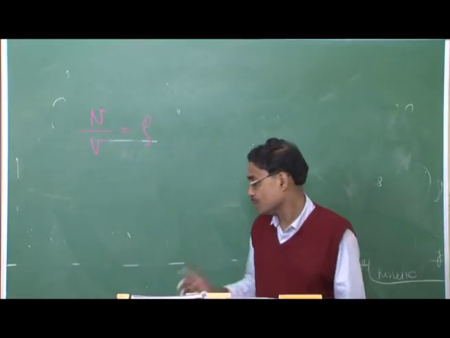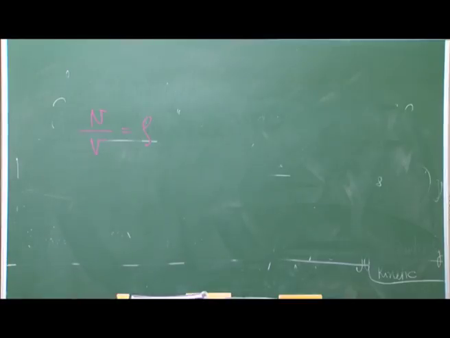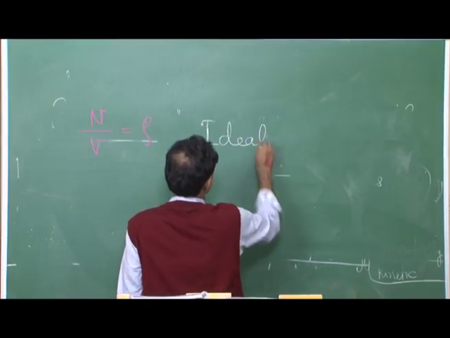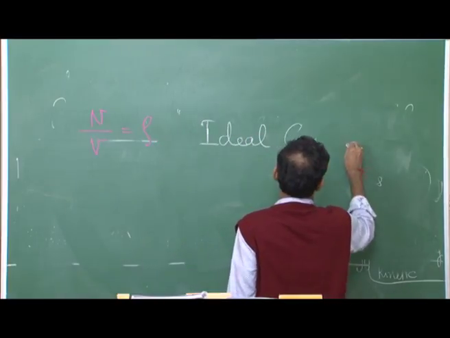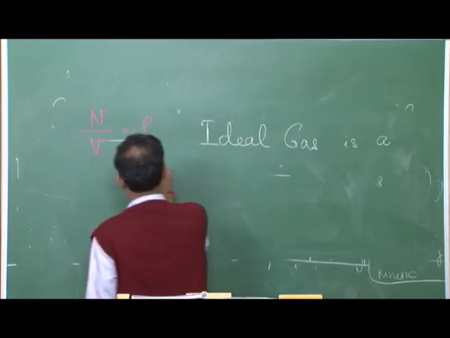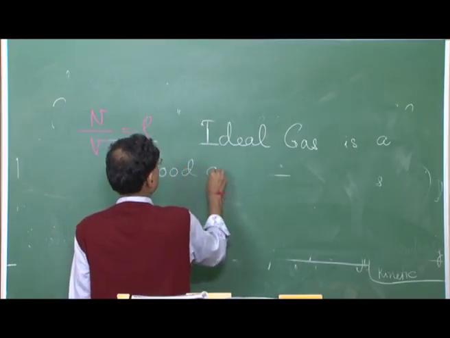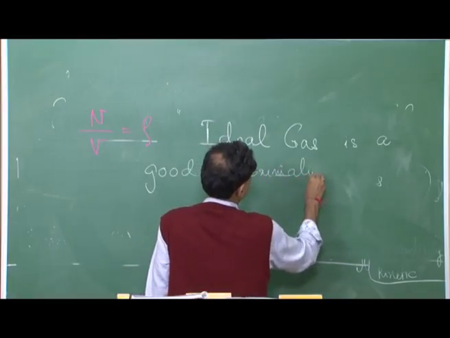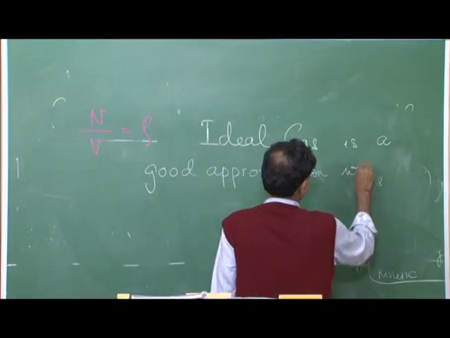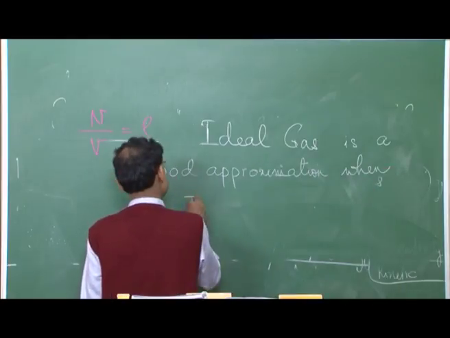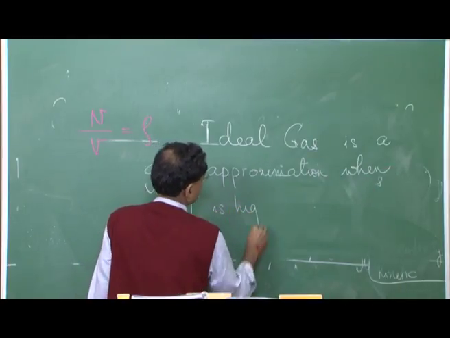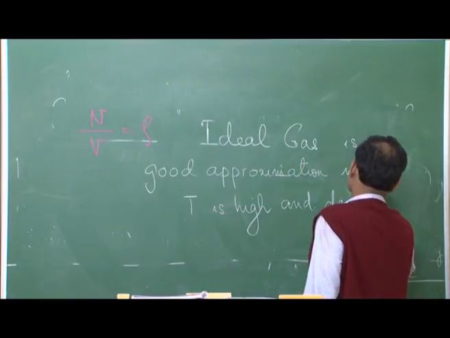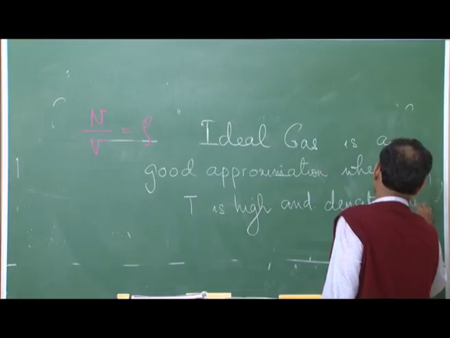That is why in books you often see the statement that the ideal gas approximation is a good approximation when T is high and density is low.